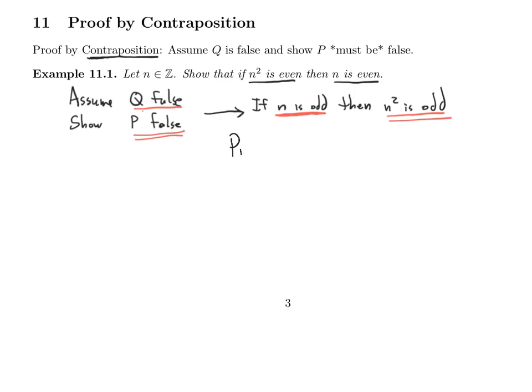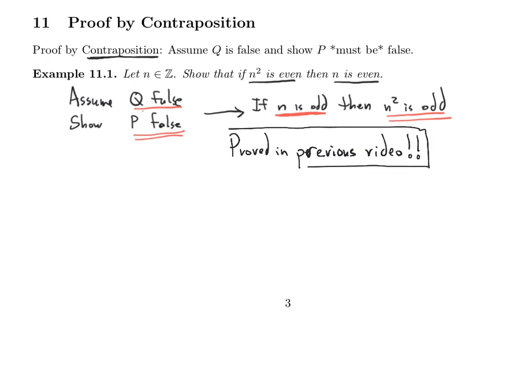So this was proved in the previous video, which is excellent. So now we know, and we have shown, that if n squared is even, then n is even. We proved the contrapositive in a previous video, so we get the original statement here. We know if we have n squared is even, we know n itself is even.